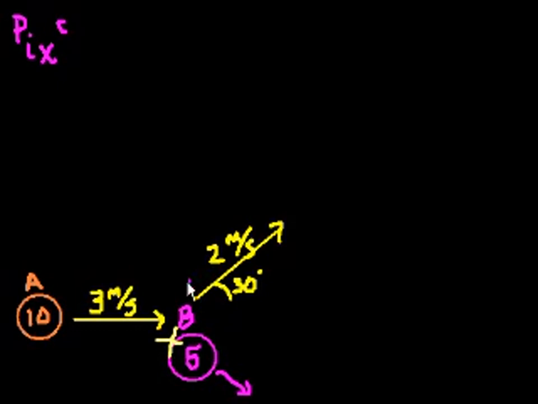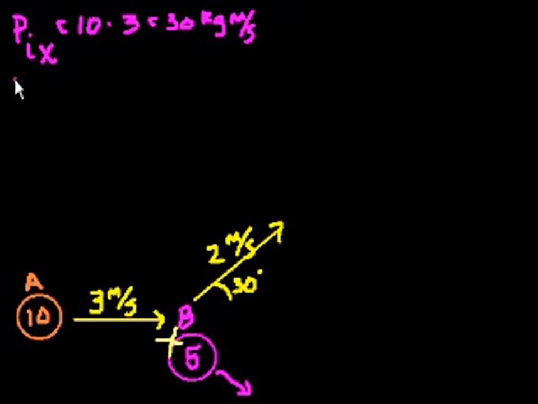Ball B has no initial velocity, so it has no momentum. Ball A is 10 kilograms, and all of its velocity is in the x direction, so it's 3. The momentum in the x direction is 30 kilogram meters per second: mass times velocity.